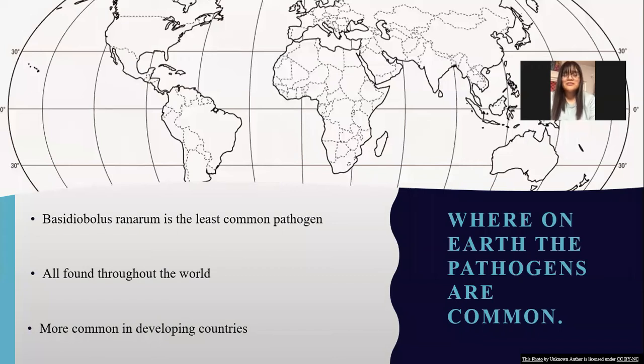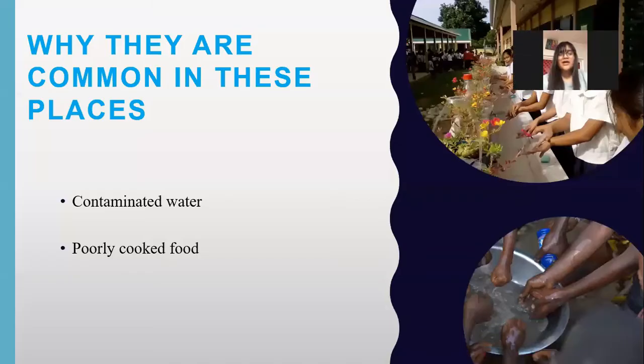The pathogen Bacillus is a less commonly acquired pathogen than E. coli, Salmonella, rotavirus, and Giardia, but all these pathogens are common around the world, but more common in developing countries. These pathogens are more commonly found around the world because of the lack of resources in many countries.